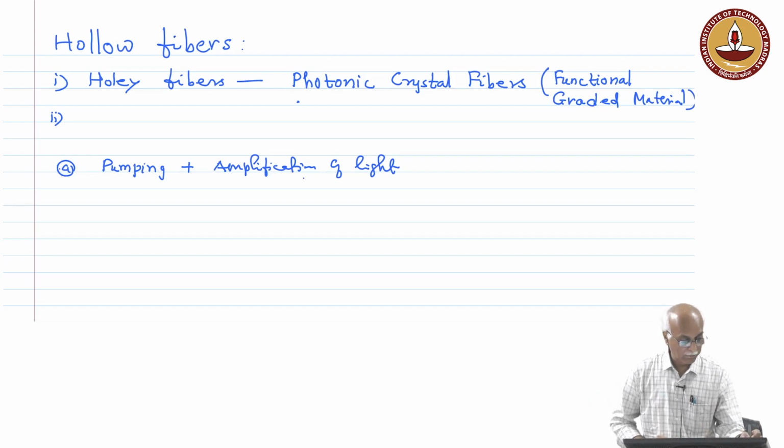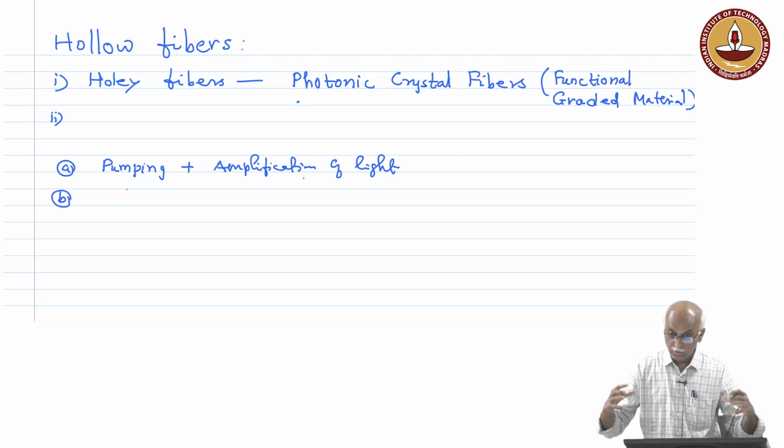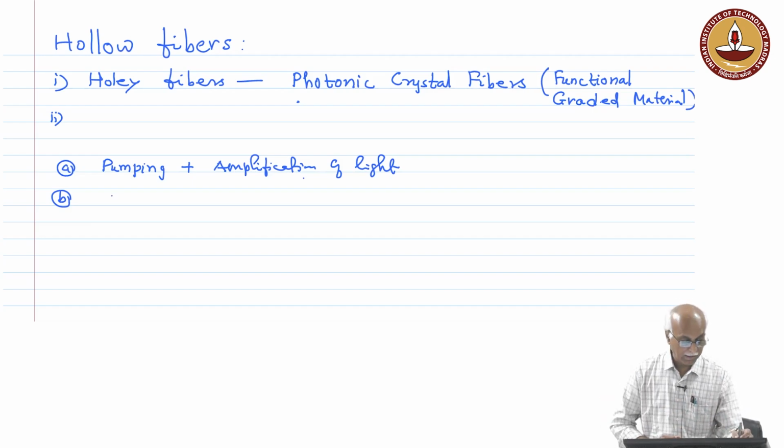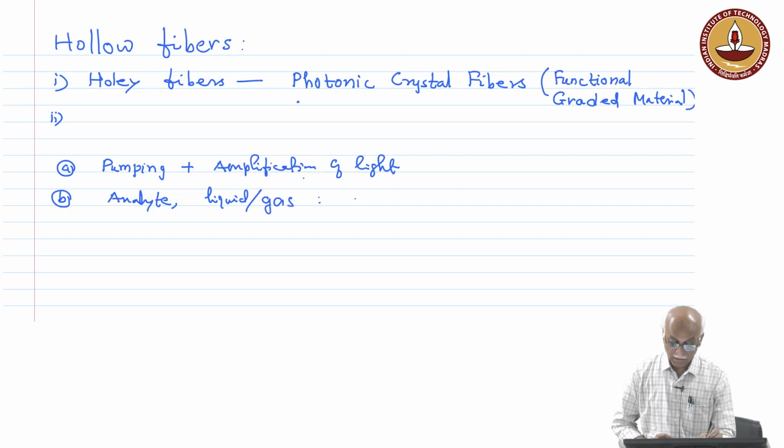That is possible. Second point is the hollow cores can also be used, where the analyte can be inside and we can analyze the sample. So, the analyte or substance, maybe liquid, maybe gaseous material, can pass through the hollow core fiber.